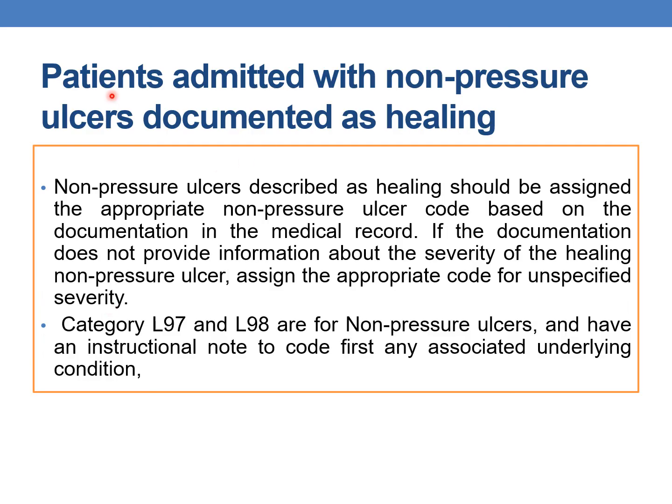The code categories of non-pressure ulcers are L97 and L98. They have an instruction note to code first any associated underlying condition. So before coding these non-pressure ulcers, we need to first code the underlying condition such as diabetes, etc.